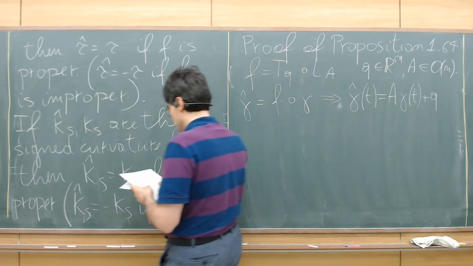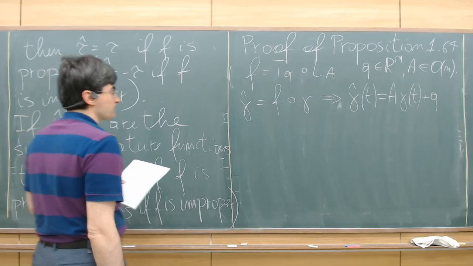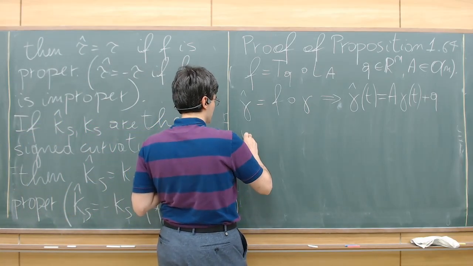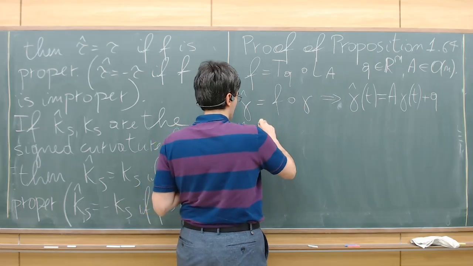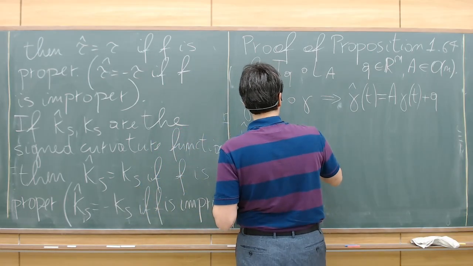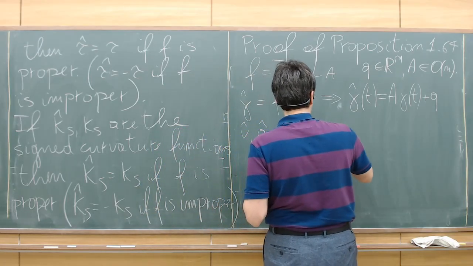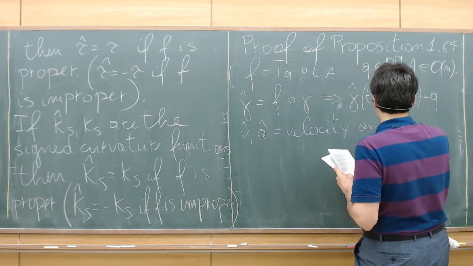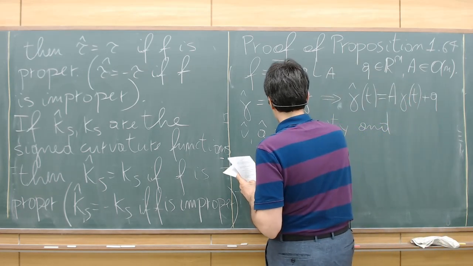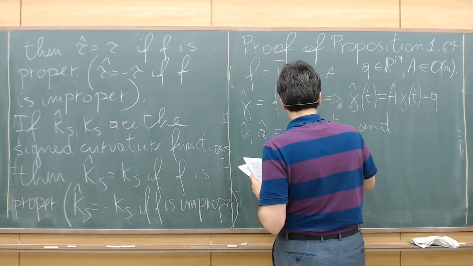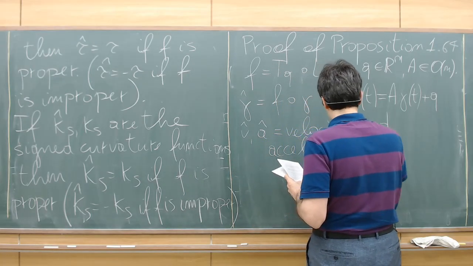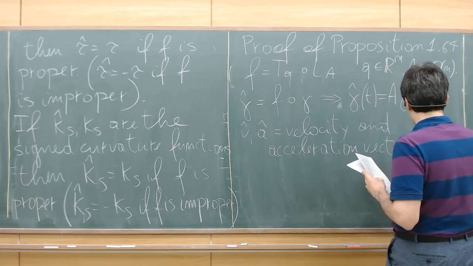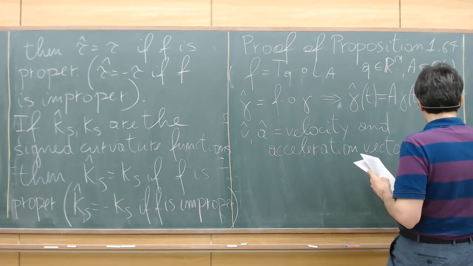Okay, we will denote by v hat and a hat the velocity and acceleration vector of gamma hat.